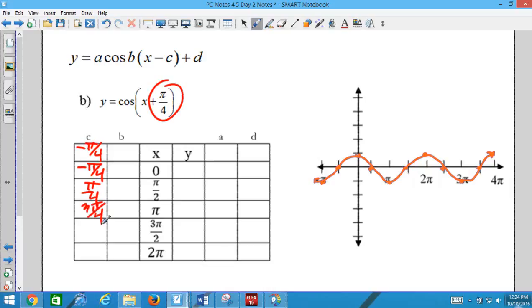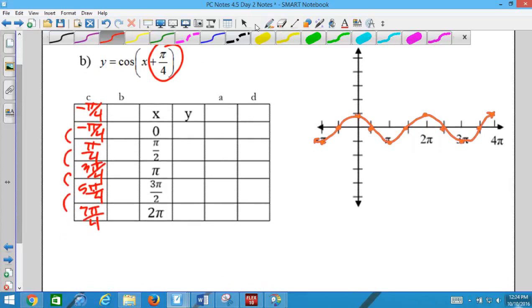Good. And we have 3 pi over 2 minus pi over 4, 5 pi over 4. Now, these are all evenly spaced, so if you can figure out the pattern, you could probably figure out the next one without actually subtracting pi over 4. Should be 7 pi over 4. And of course, our cosine key points.